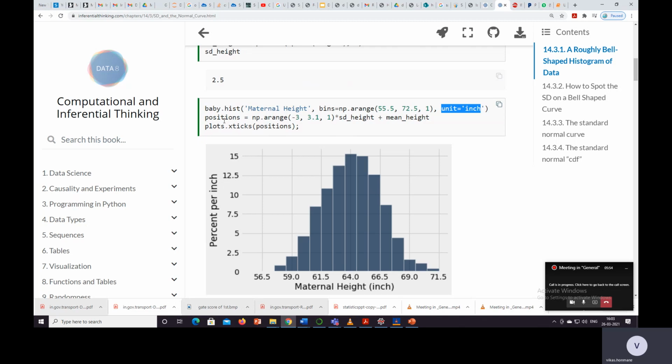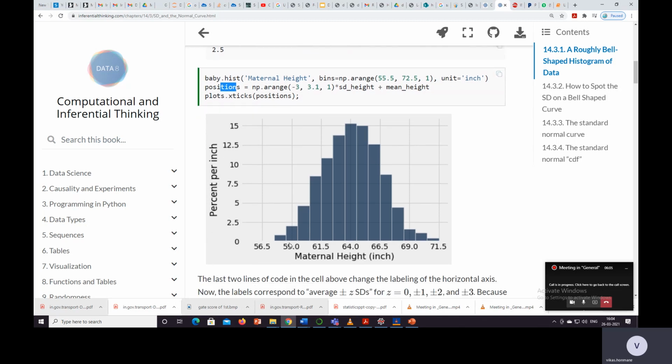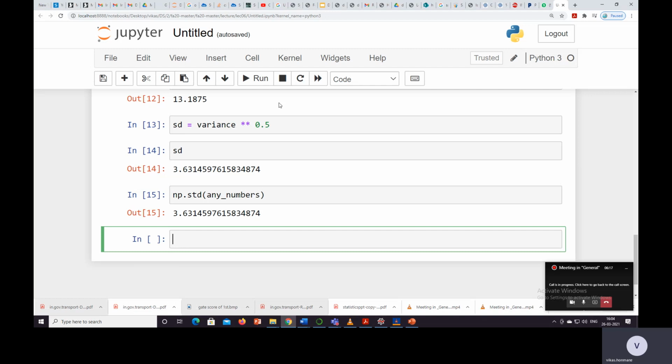Then we have the positions, equal to np.arange of minus 3 to 3.1. The positions we are giving on the x-axis come from the np.arange function. I'll show you how it works so that you can understand.